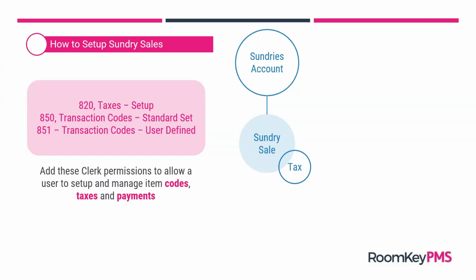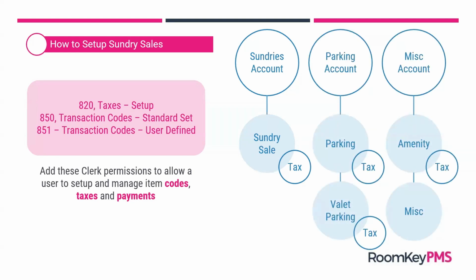Now, this is a very simple setup, like I said, but it is up to you depending on how many services or items that you would like to sell from the front desk or using the Sundry Sales module. You can set up additional transaction codes, and you can also customize those with their own GL, general ledger accounts as well.